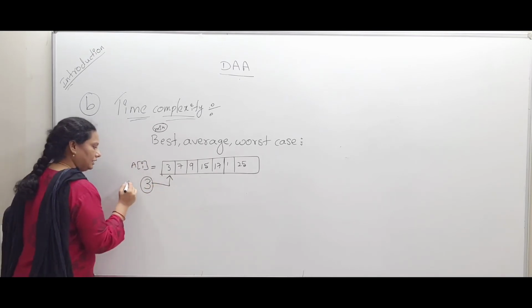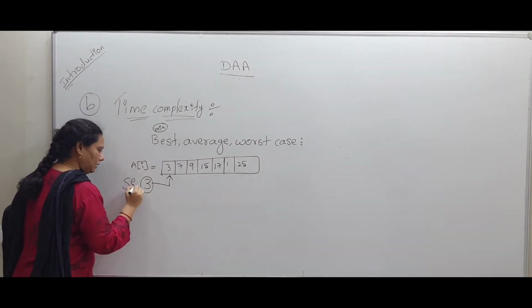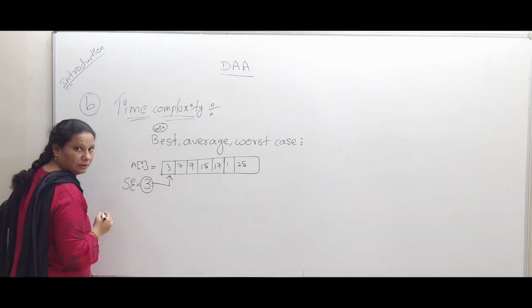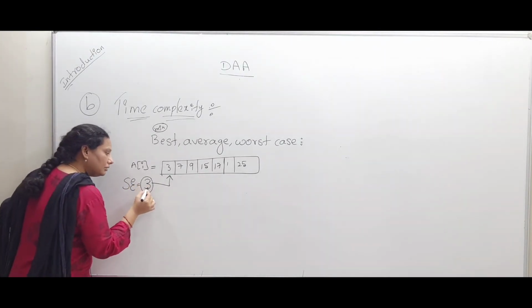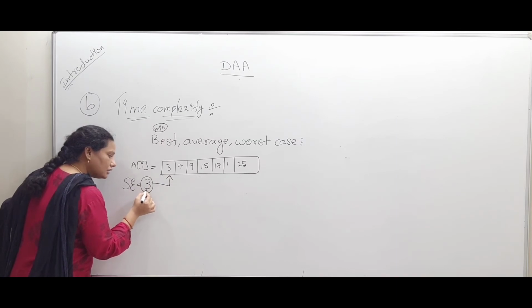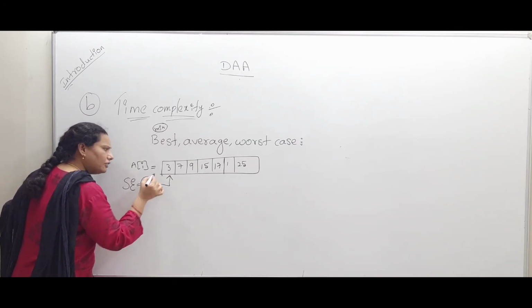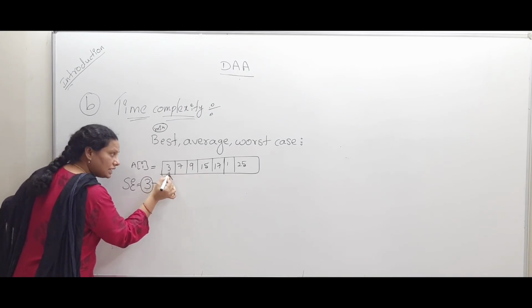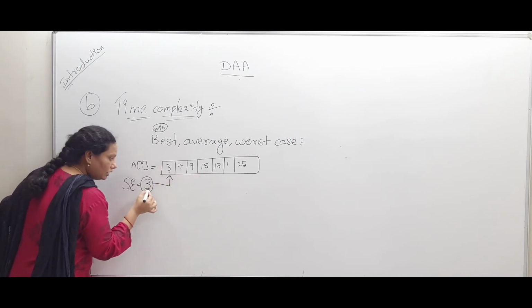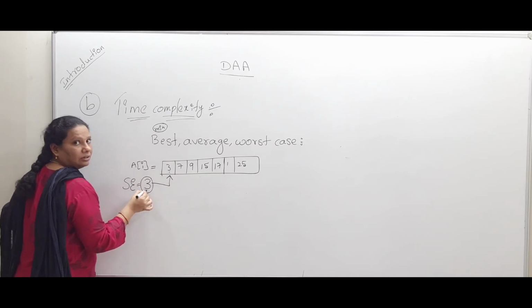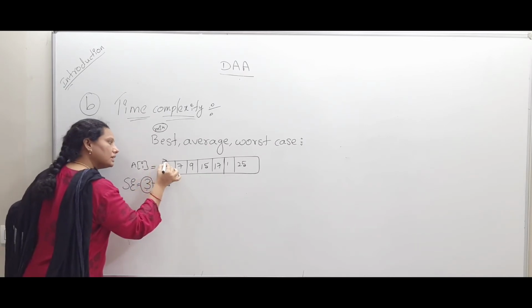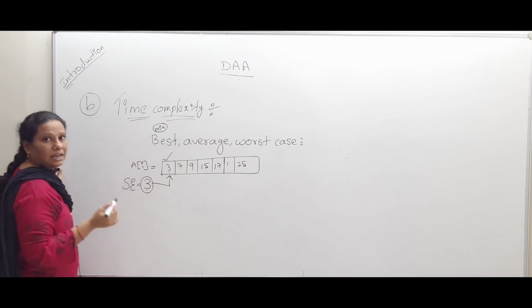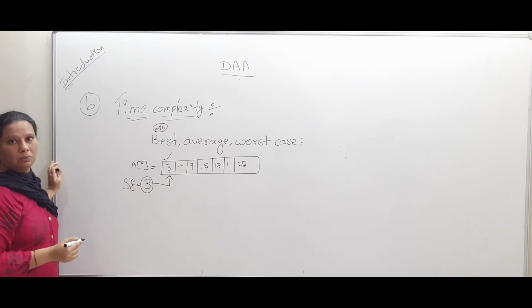If I entered the searching element as equal to 3, what happens? It will start searching for the 3. First it goes to the first element here. What is your first element here? 3. What the element you are searching? 3. So your search is succeeded in first attempt only.